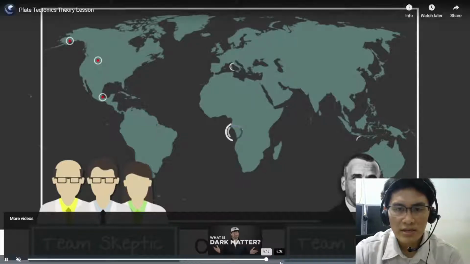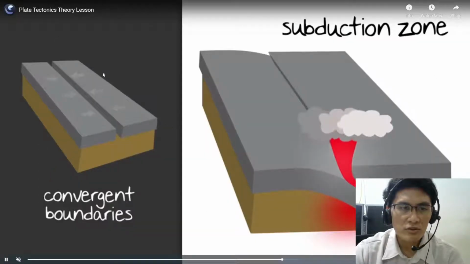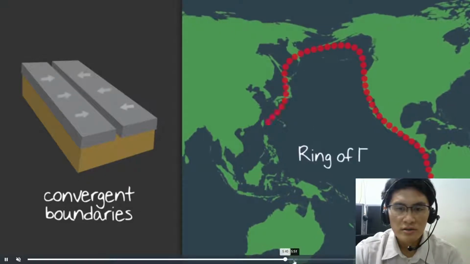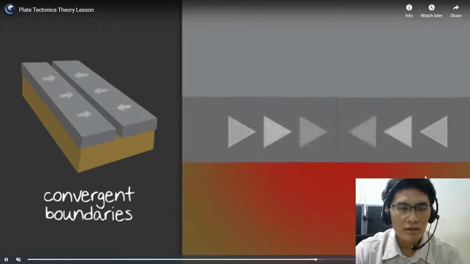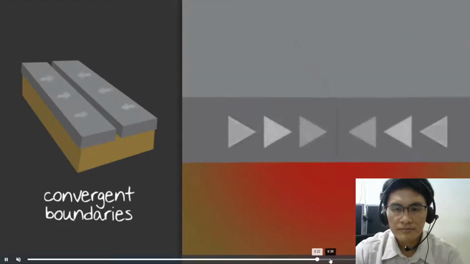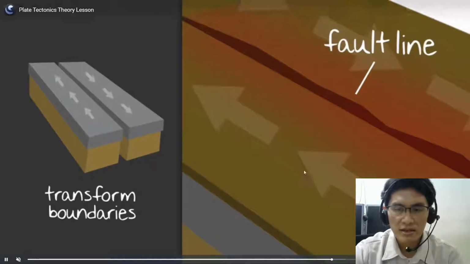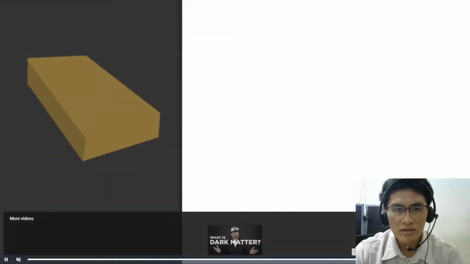So what I really am interested in here is just this notion of what a convergent boundary is versus what divergent boundaries are, and obviously what transform boundaries are. So these are transform boundaries, right? And also, let's fast forward it.